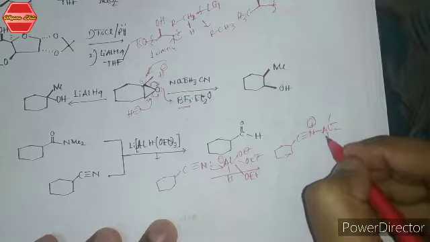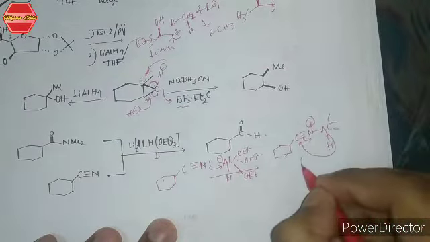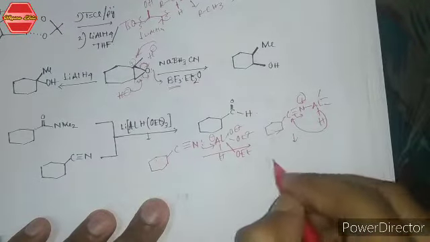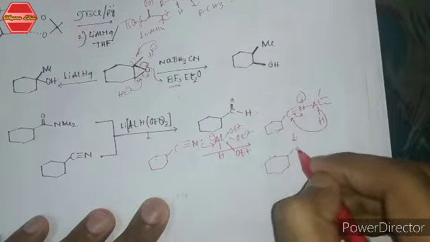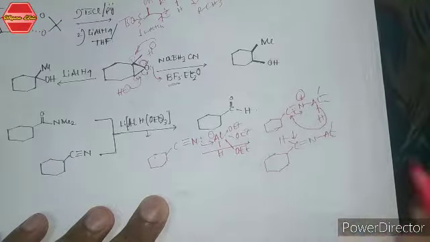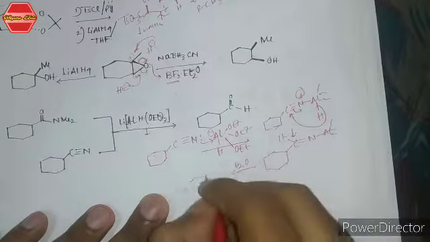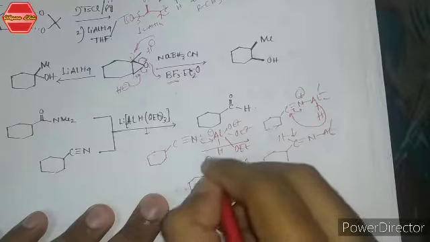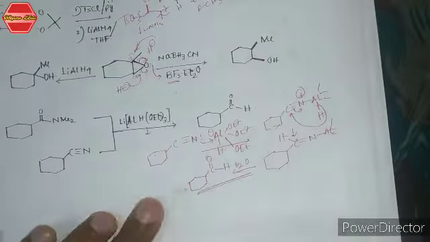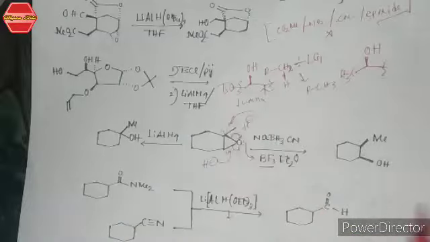Okay, so this hydride migrates to this carbon, and it is neutralized at the nitrogen center, and you get the final product, that is this one, and here is your aluminium side part. Now this bond is hydrolyzed, and it correspondingly forms its aldehyde. Okay, that is how the mechanism and the reaction proceed. Okay, the corresponding aldehyde. So this is how all of these lithium based reduction reactions work.